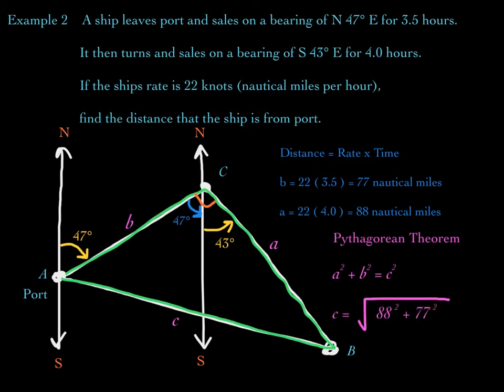So what I can do is solve for C by just taking the square root of both sides. So I did that, and I also plugged in 88 for A and 77 for B. That's what we found. And so I'm finding that C is equal to, now remember, we only have 2 significant digits. So you must only use 2 significant digits.